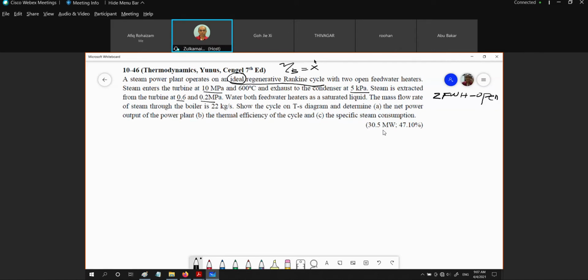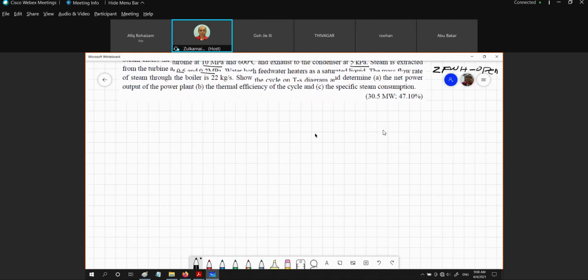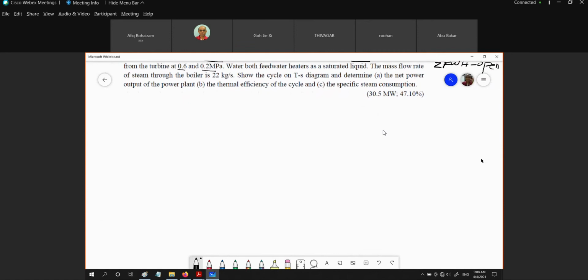Now we need to sketch the arrangement of this. We only have one turbine, meaning that we could not have any reheat process. So if we sketch the turbine right here, this is our turbine.